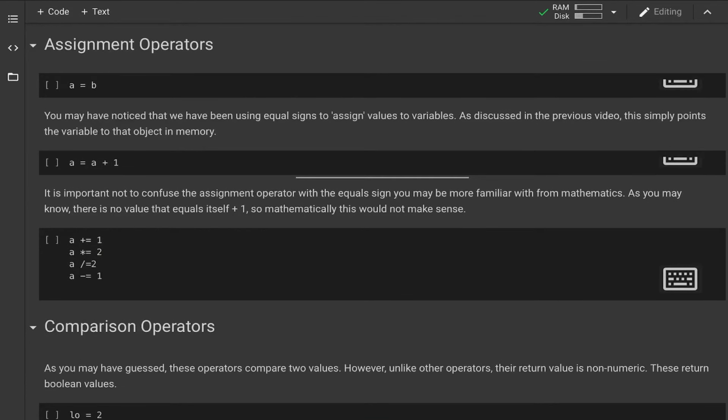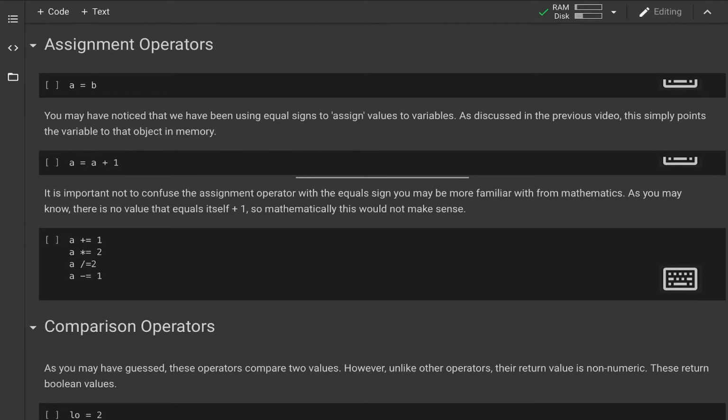In fact, you've already been using them. The most basic assignment operator is this equals sign. And all the assignment operator does is it takes your variable and it tells it what it should be storing as a value. So here, a equals b, whatever the value of b is, a is now going to be pointing at that value, at that object.